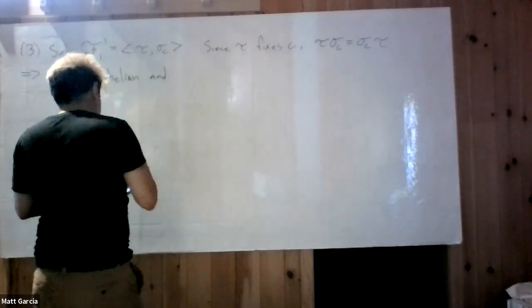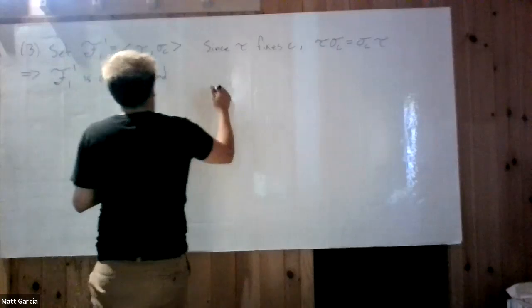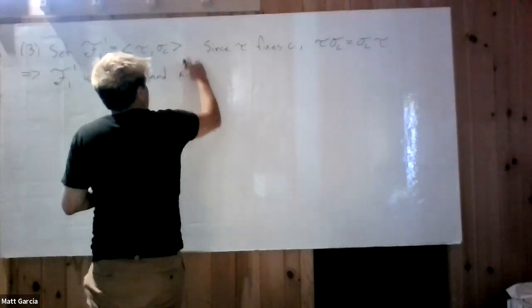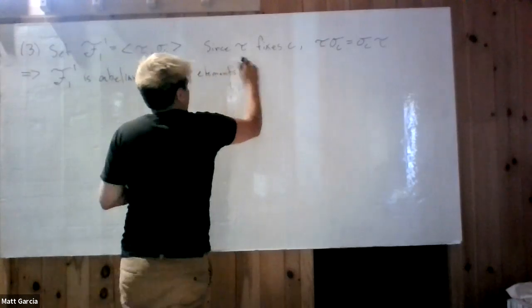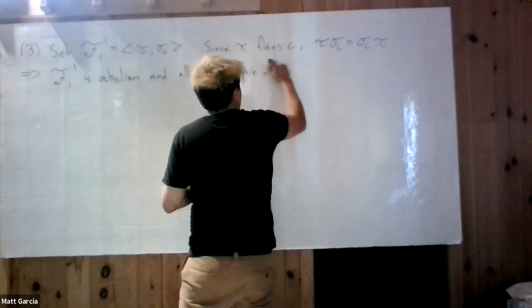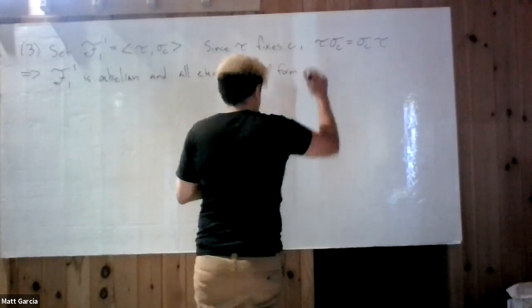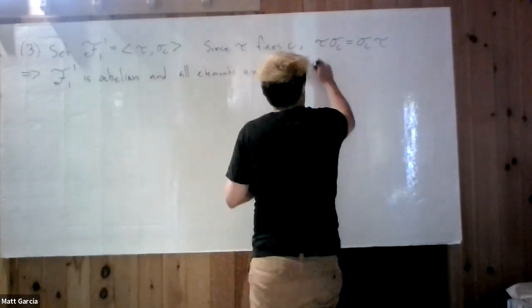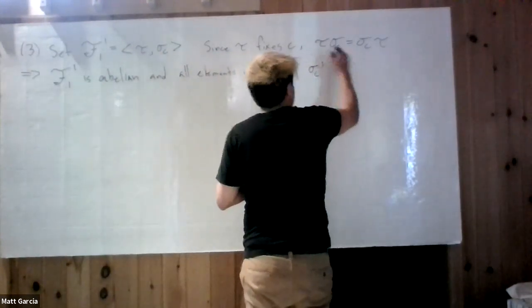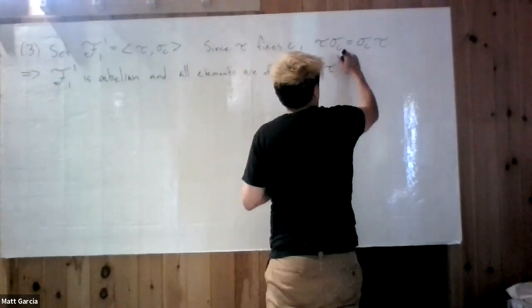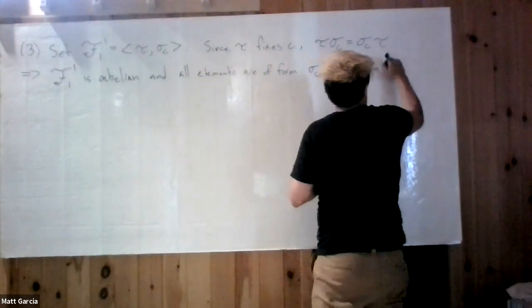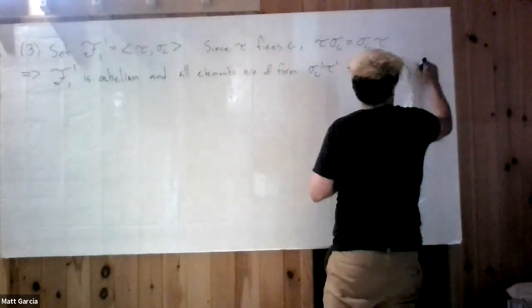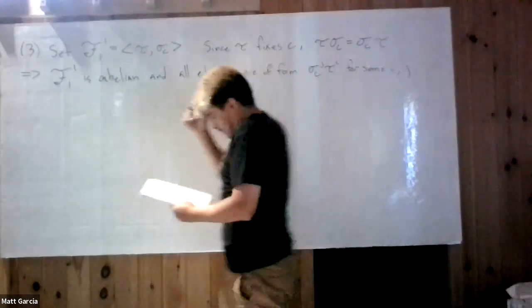And furthermore, all elements are of the form sigma sub C to the J, tau to the I, for some I and J. Okay.